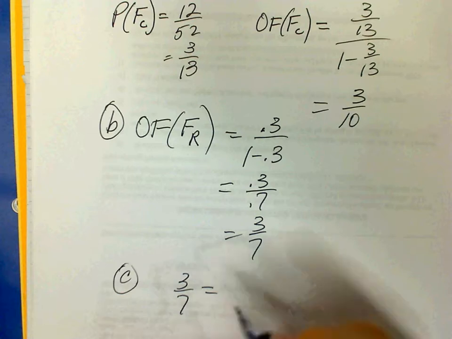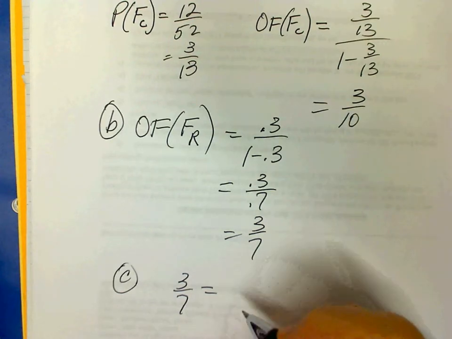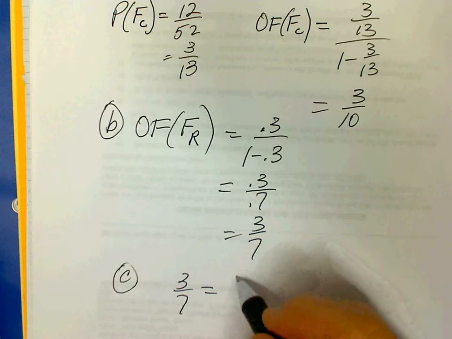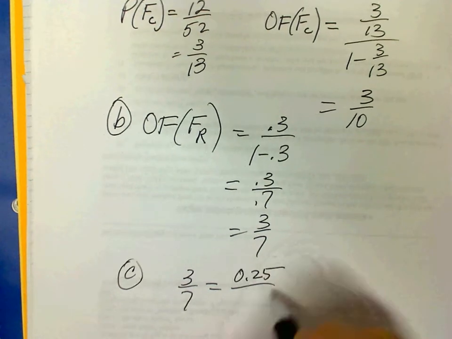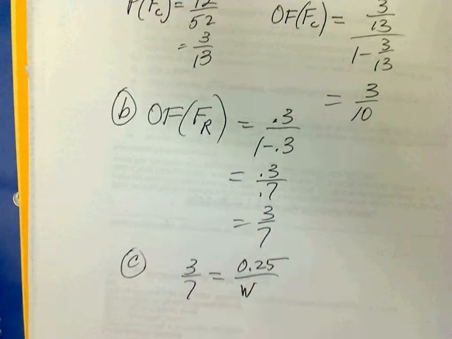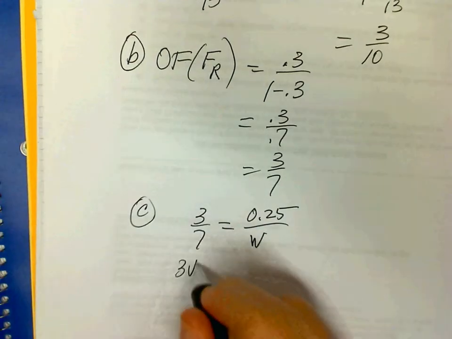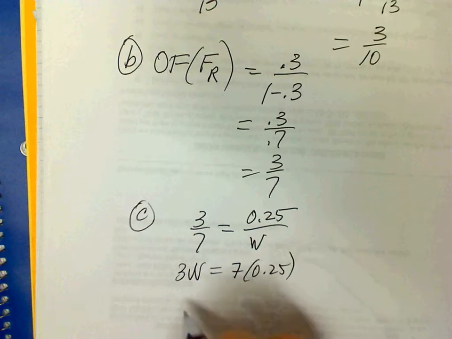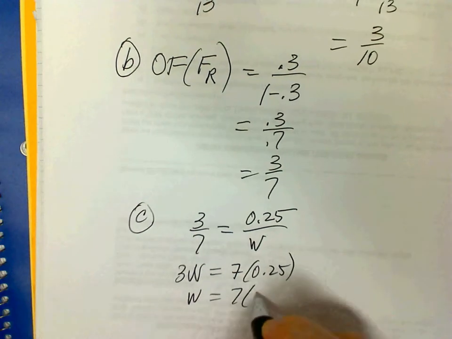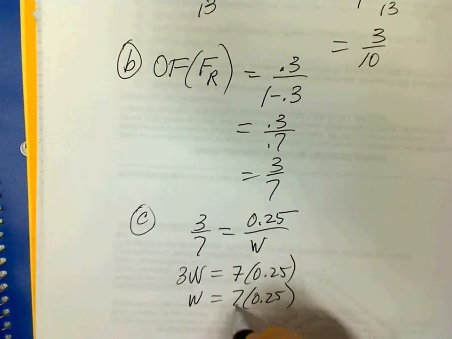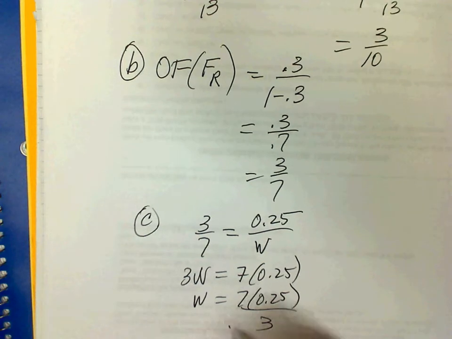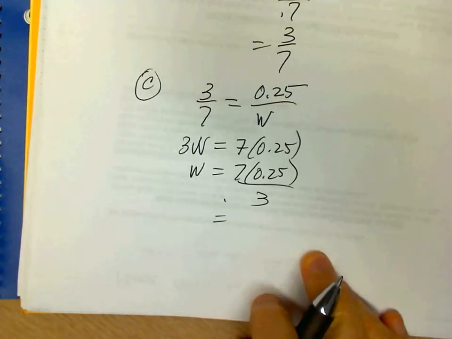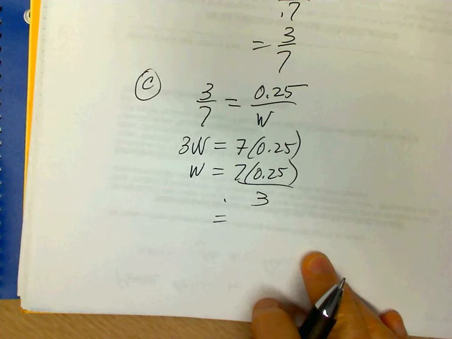I don't know. So it's wager over win. He puts down 0.25. So we'll calculate his win: 3W equals 7 times 0.25. Are we good with that? What does that work out to be? 58 cents.